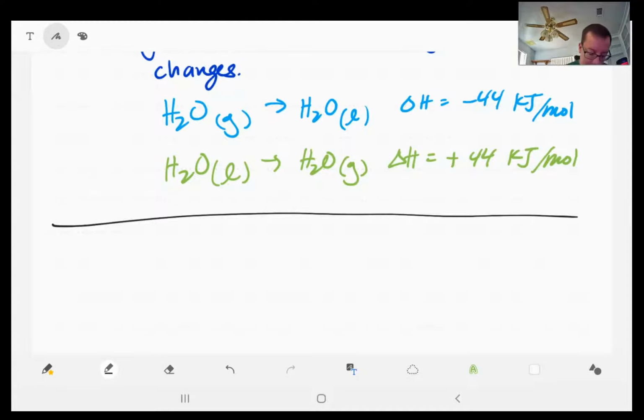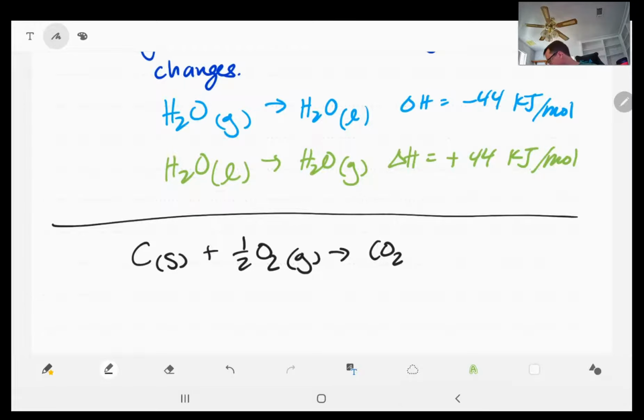So here's carbon plus half an oxygen. You're going to see that halves are going to be pretty common with these Hess's Law problems. This will give us, actually that's a half a carbon. Oh, I'm sorry, this one does not have a half. And we've got delta H is equal to -393.5.